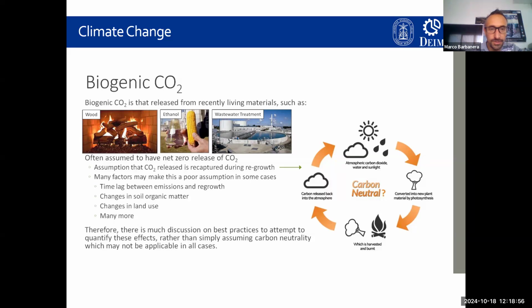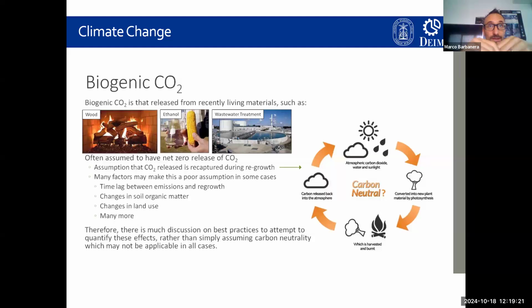These kinds of biogenic emissions are, for example, due to wood combustion, or the disposal of municipal waste into a landfill.